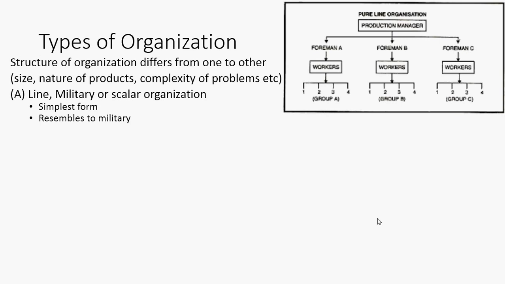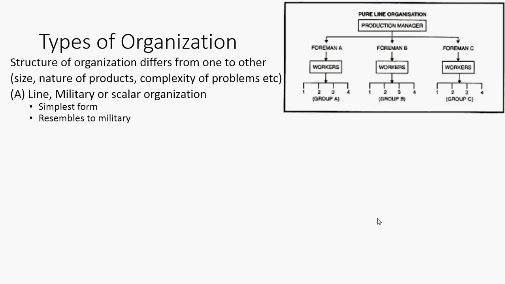Suppose helpers 1, 2, 3, 4 in group A are answerable to the worker under foreman A, and the worker under foreman A is answerable only to foreman A, and foreman A is answerable to the production manager.